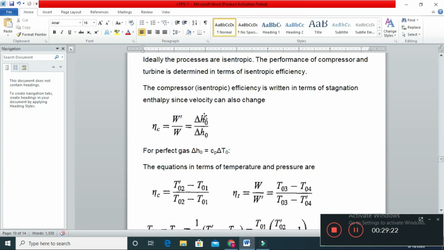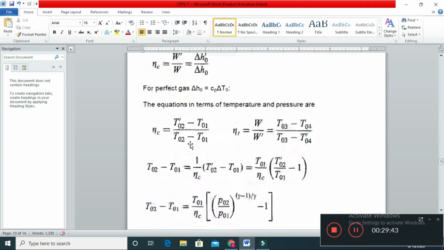So this h will now include the flow energy, internal energy as well as kinetic energy. In the compressor, the ideal work, or ideal enthalpy rise, is less when compared to the actual rise. So the actual work or actual enthalpy rise is in the denominator.